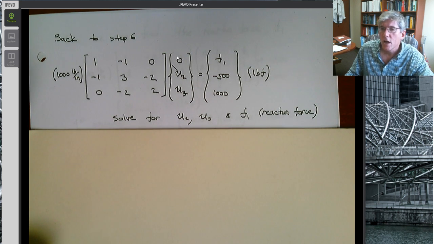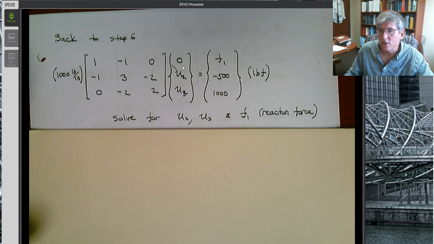So if you look at this, we got the 0 here, right? We got that because we've set U1 equal to 0. Okay, well, what's going to happen? Well, that 0 is going to get multiplied by this 1, by this -1, and by this -0. So the effect of these things is going to just zero out, right? So if you look at this second equation, it's going to be 0 plus 3 times U2 minus 2 times U3.